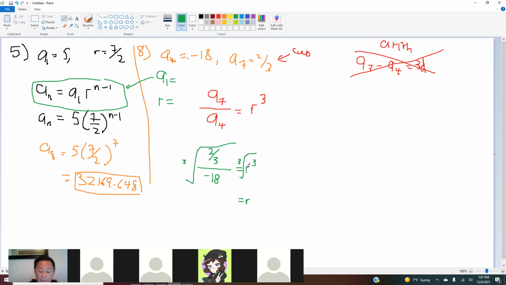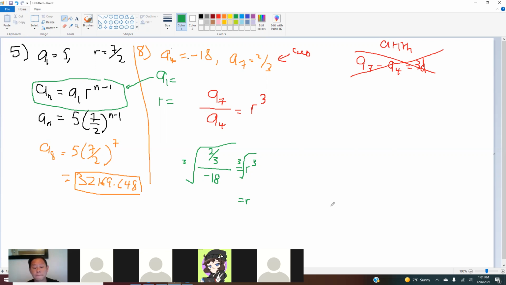Take out your calculator and start with 2/3 divided by negative 18. It's a cube root. Do you guys know how to do a cube root on your calculator? You have a square root, right?